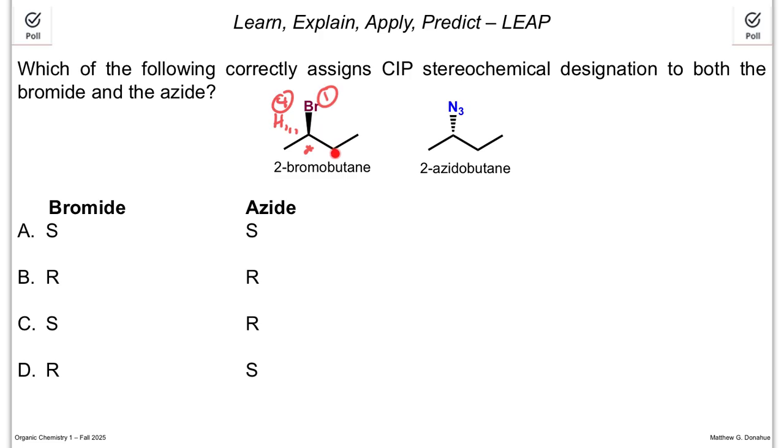So this carbon will win because it has another carbon. So that's going to be 2. That'll be 3. The lowest priority group is pointed away from us as the dash. So we go 1, 2, 3. That's clockwise, so this should be R. That center will be R.